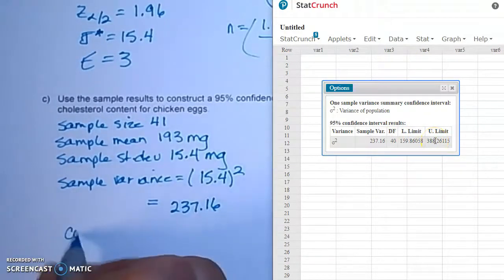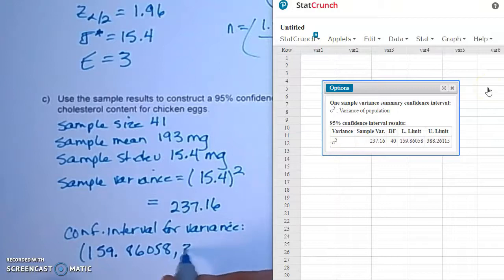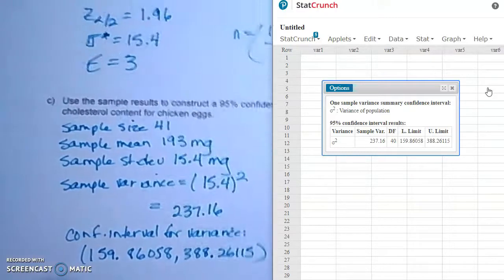So my confidence interval for the variance is 159.86058 to 388.26115. I'm writing down this many decimal places because I'm going to take the square root of this, so I don't want to round these before I take the square root.